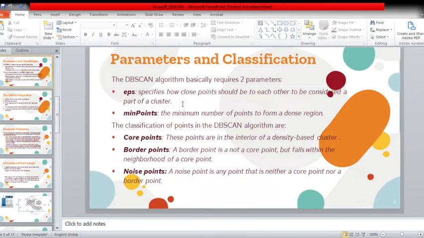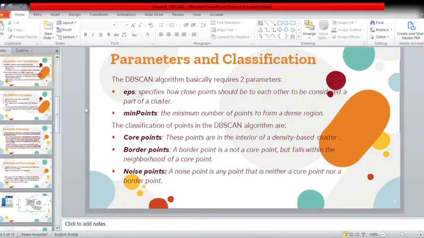The other is minimum points, the minimum number of points needed to form a dense region. For example, if we set minimum points as 5, then we need at least 5 points to form a dense region. The classification of points in the DBSCAN algorithm is core points, border points, and noise points.